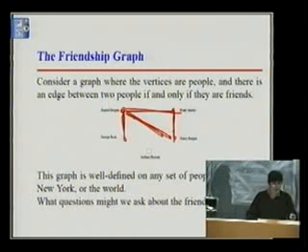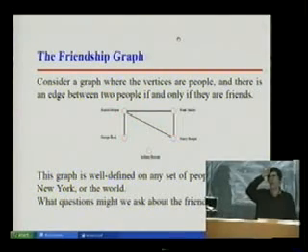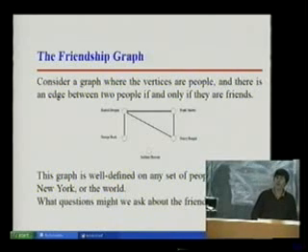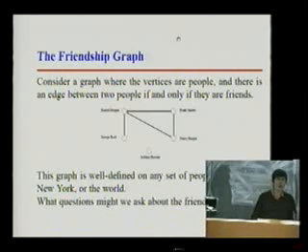Let's think a little bit about the friendship graph. You may think it's a silly thing, but actually there's a whole area of research now on social networks, which is very important. Things like Friendster. I guess you guys have MySpace and stuff like this, right? How many of you have pages in MySpace or something similar? Many of you.